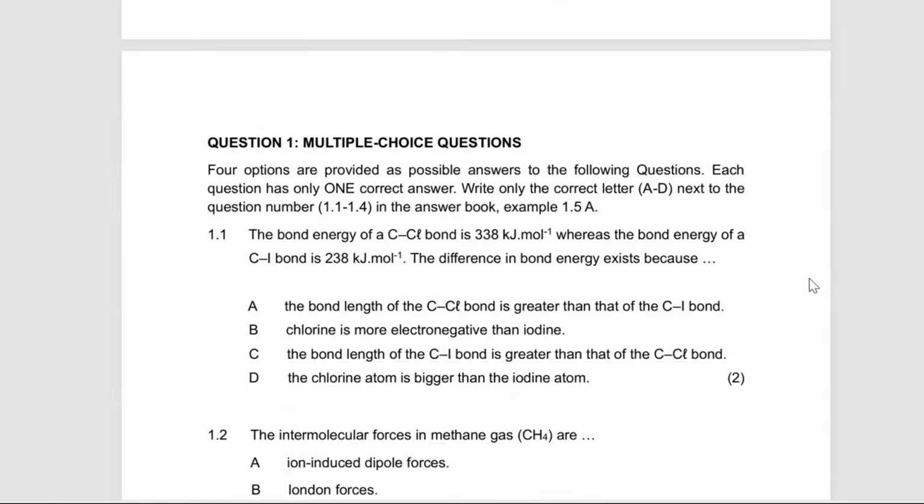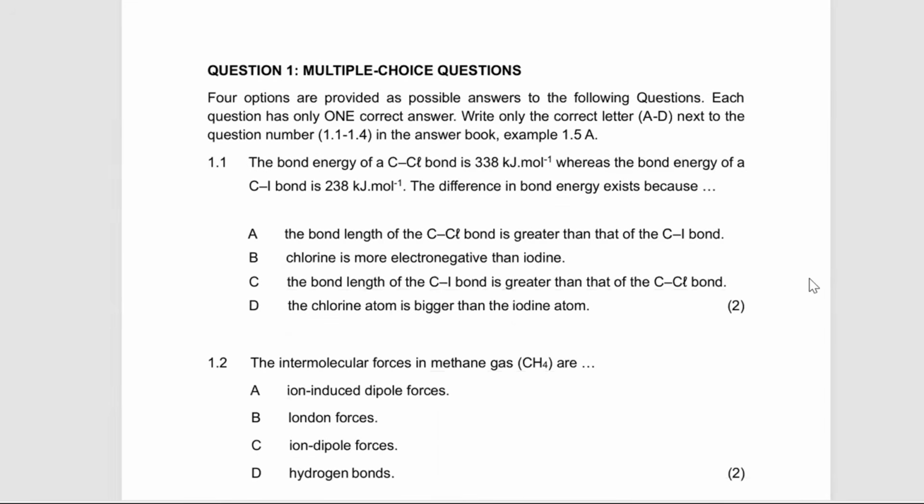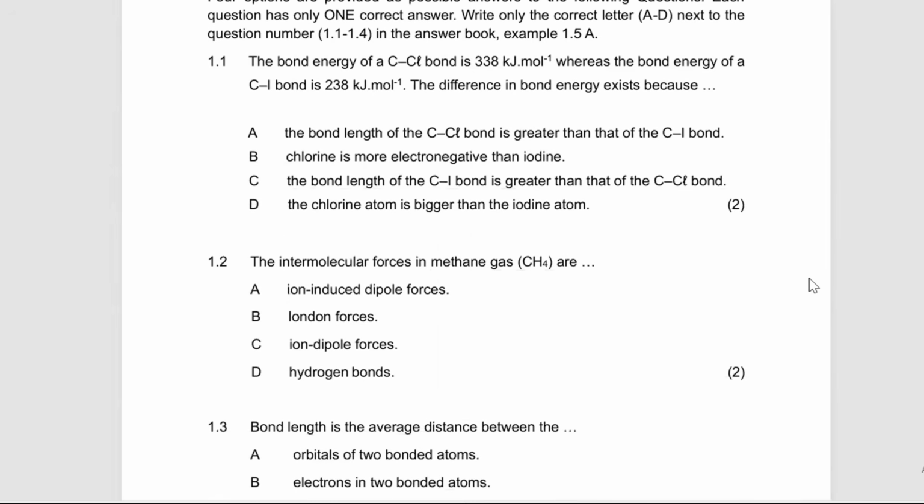Then first question 1 is multiple choice questions, and it reads: the bond energy of a C-Cl bond is 338 kilojoules per mole, whereas the bond energy of a C-I bond is 238.